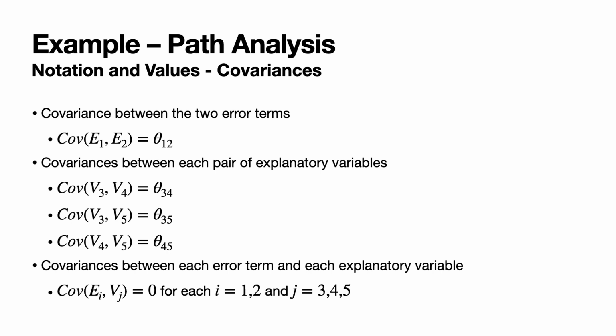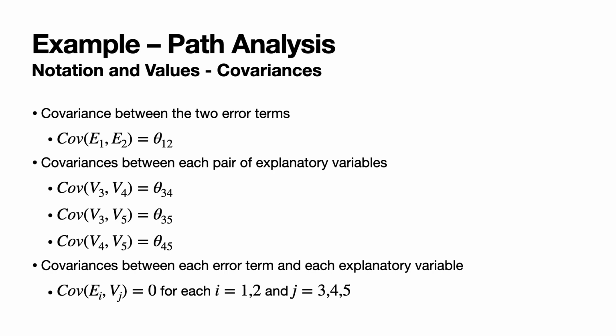The notation for the covariances is as follows. The covariance between the two error terms, E1 and E2, will be denoted by theta sub 1,2. The covariance of V3 and V4 will be denoted theta sub 3,4. The covariance of V3 and V5 will be denoted by theta 3,5.